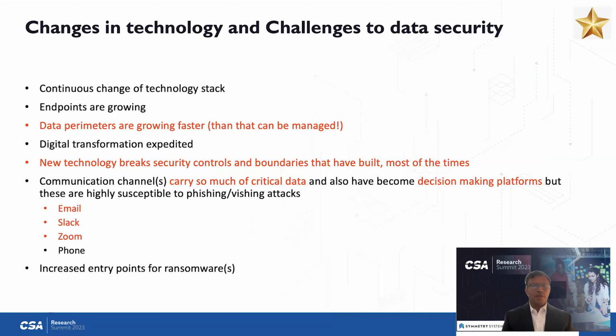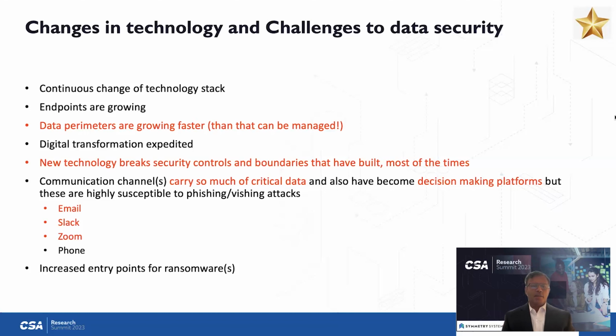We'll review some more technology challenges for data security. The data perimeters are growing faster than the other perimeters. We used to have a network perimeter, then an endpoint perimeter, but now data is also on the perimeter, and it is growing through cloud applications.